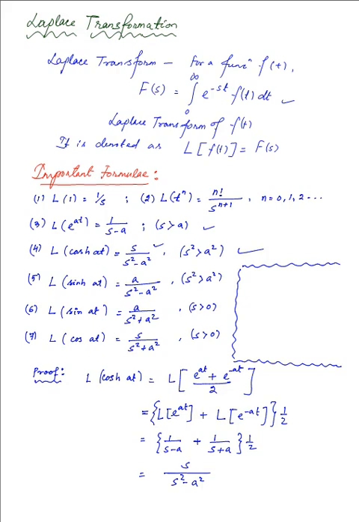So if we have f of t as e raised to the power at, which is the third one over here, then what we get is the Laplace transform F of s, which is equal to the integration from 0 to infinity of e raised to the power minus st. Now instead of f of t we have the exponential of at, dt.